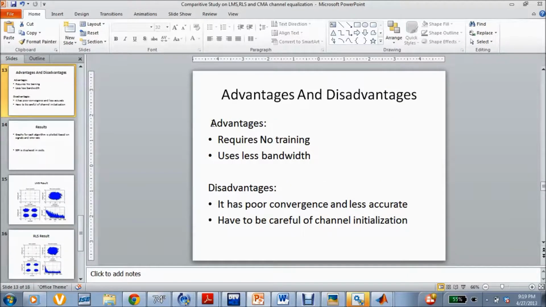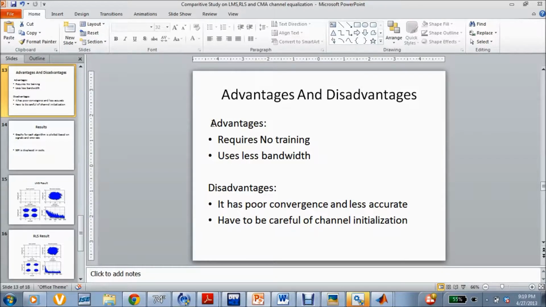And now the advantages and disadvantages. The obvious advantage is that it requires no training, which is definitely a very good advantage. And since it does not require any training bits from the transmitter, it can efficiently use the bandwidth of the signal for other purposes.